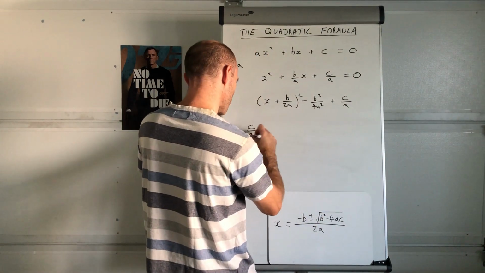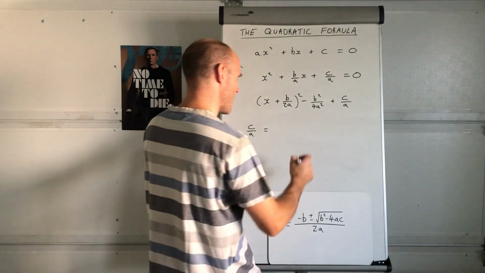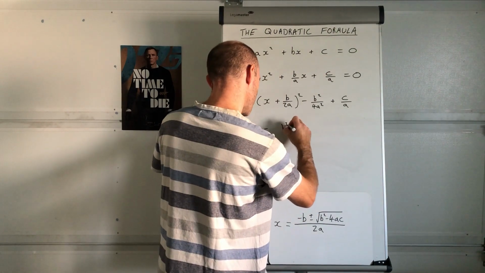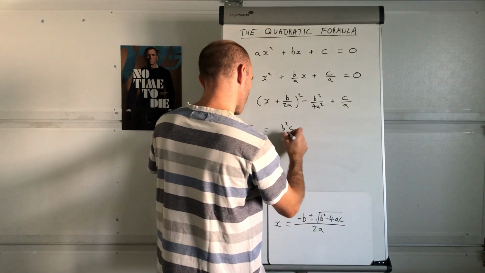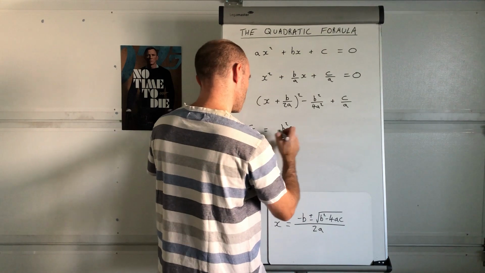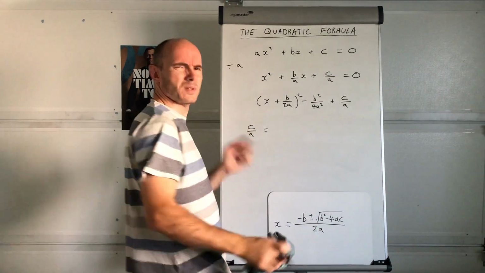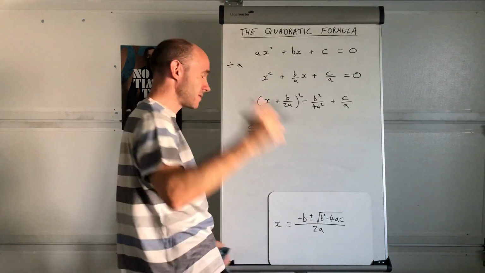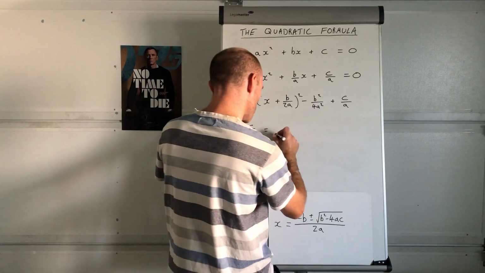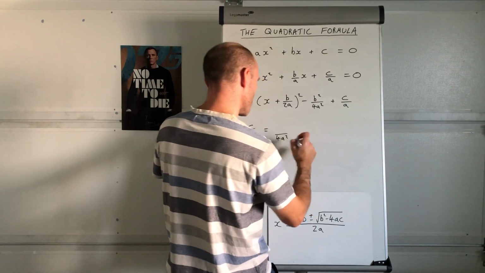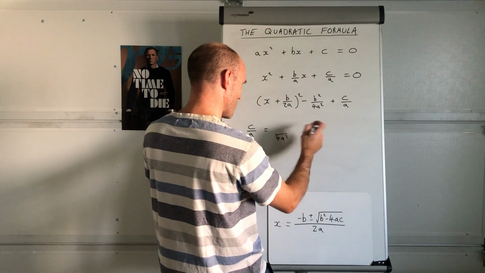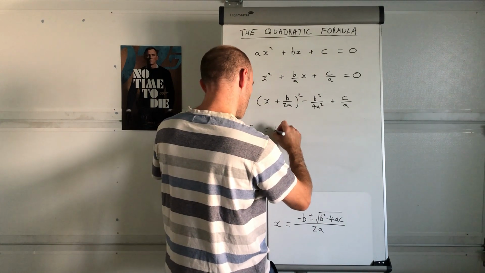Just write it over here, c over a is going to be exactly the same as b squared c over... what did I say that for? I must have been thinking of something else. It's the 4a squared I want, isn't it? So 4a squared, I'll keep the c there, and I'm going to multiply top and bottom by 4a.